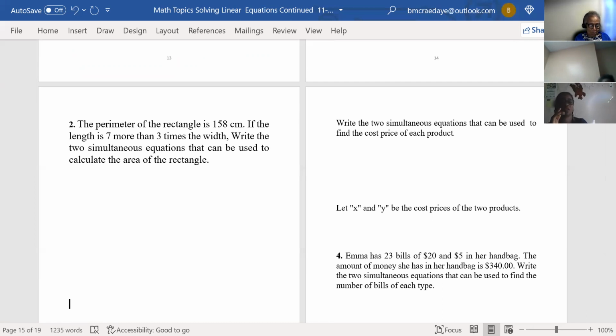The equations to be used to find the length and the width.